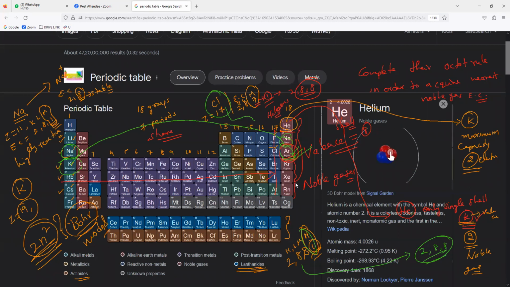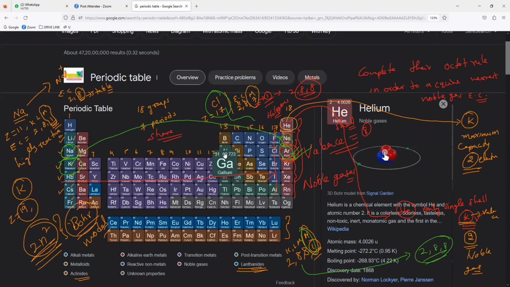Please learn this. These are called noble gases. The first group you must know: lithium, sodium, potassium, rubidium, cesium, and francium. These are alkali metals. The second group: beryllium, magnesium, calcium, strontium, and barium, though that is not required. These are called alkaline earth metals. Then groups 3 to 12 we call transition metals.